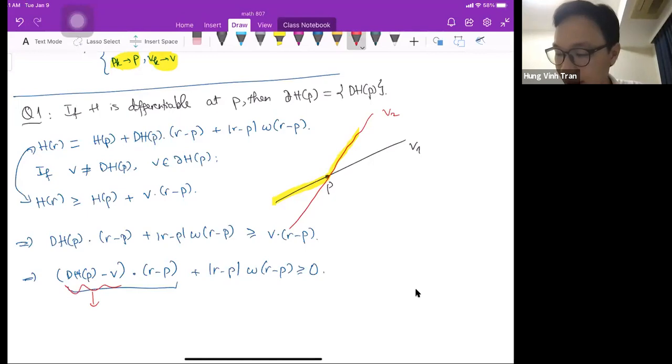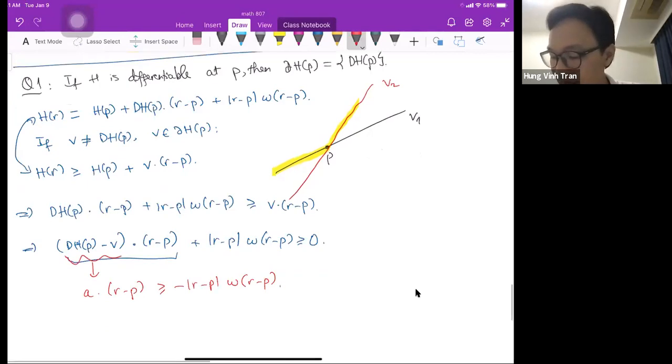So you can write a vector a dot r minus p is going to be greater than or equal to the norm of r minus p times omega of r minus p, right? a is a fixed non-zero vector, right?